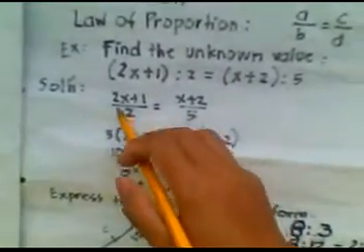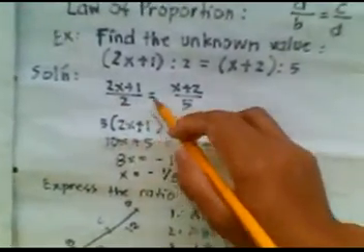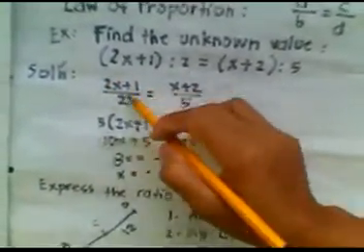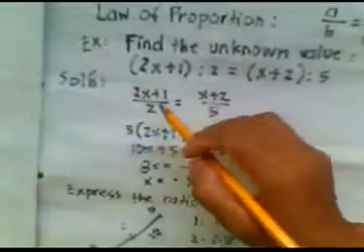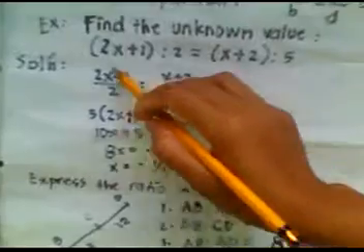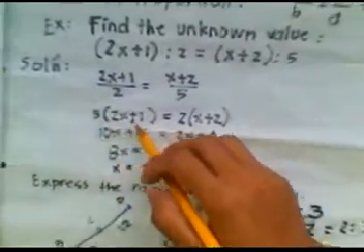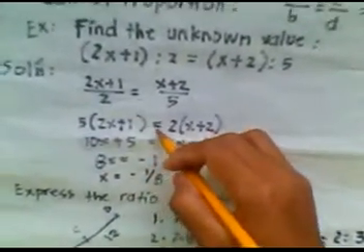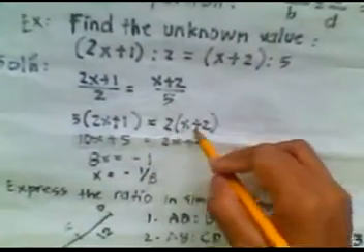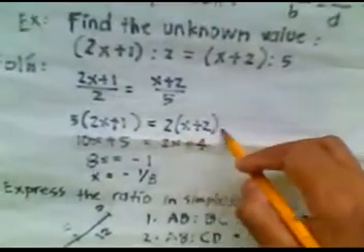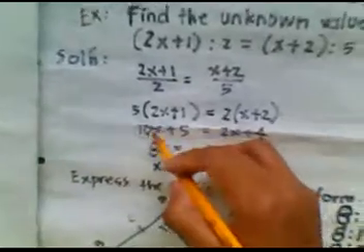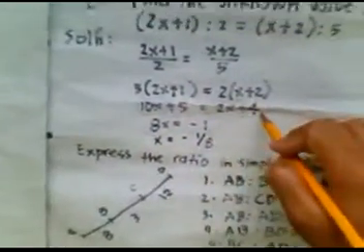So that will become 2x plus 1 over 2 is equal to x plus 2 over 5. Then get the cross product. Multiply 2x plus 1 to 5 and x plus 2 to 2. So the product of that is 10x plus 5 and 2x plus 4.